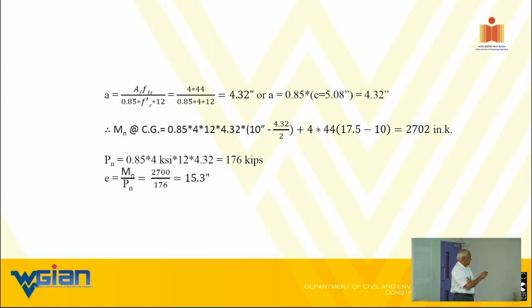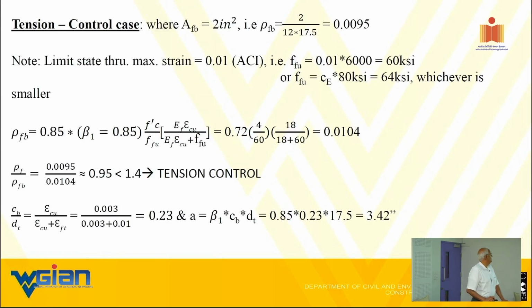Okay. So the max eccentricity is 15 inches for that column. Okay. Next. Tension control. I reduce the area of FRP to 2 square inches. And you can see that, and then rho F over rho FB.